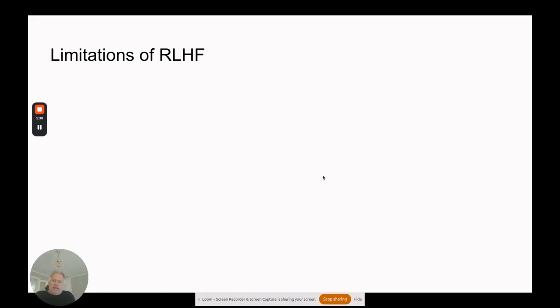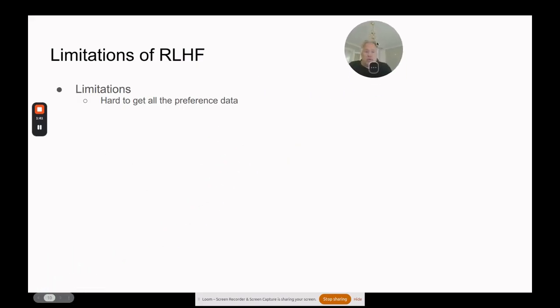Okay. So let's finally talk about RLHF and some of its limitations. First of all, it's hard to always get all that preference data. Preference data can be expensive to obtain. And the implementations are quite complicated. I just implemented PPO for CAT, from understanding PPO a bit and focusing on just that.